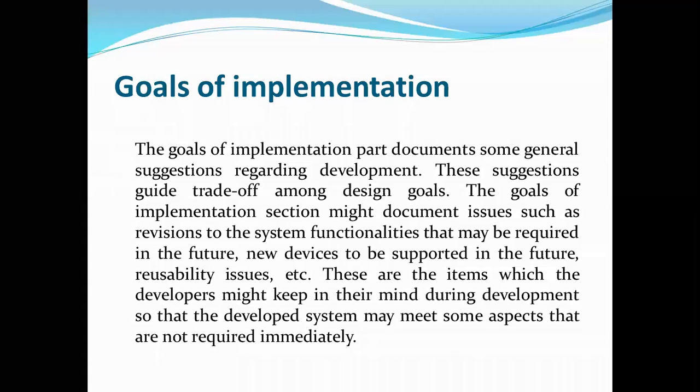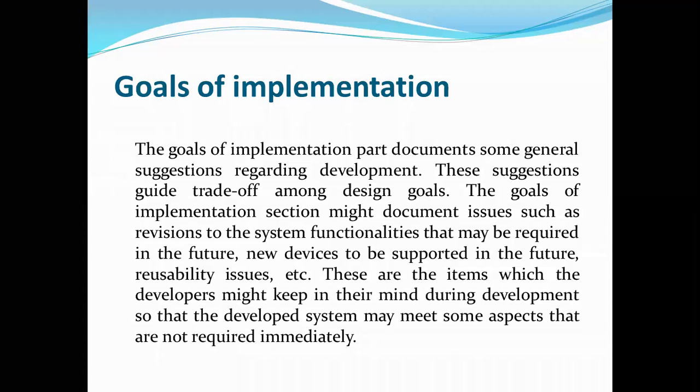We are developing software in today's time, in 2020. But we'll see after 10 years what our goals are. ये project कितना feasible होगा, कितना useful होगा, can we shift this project to another platform. So these kinds of things are called goals of implementation.